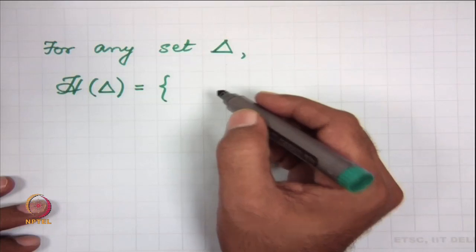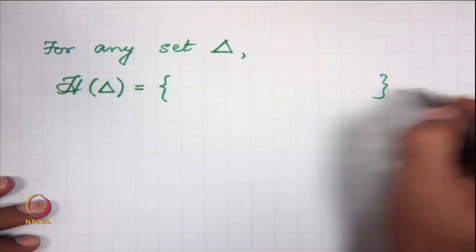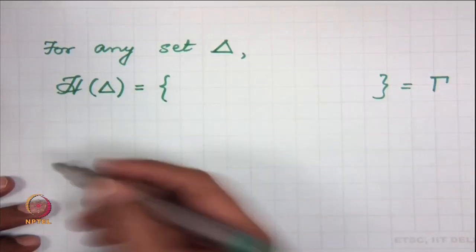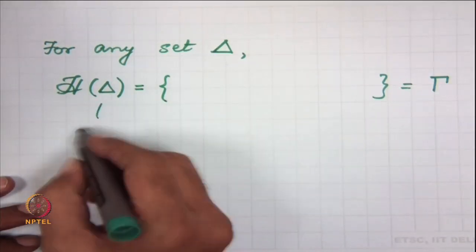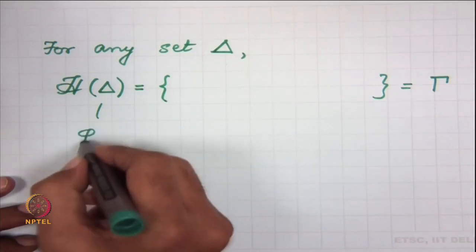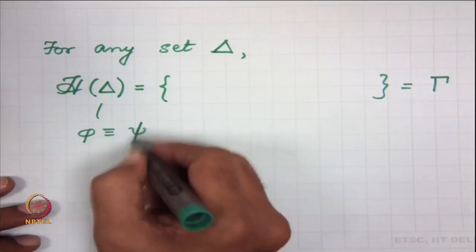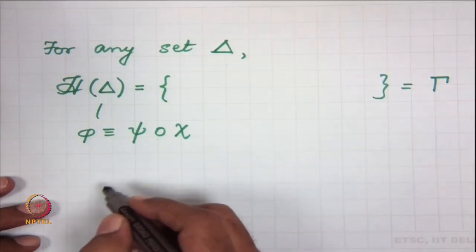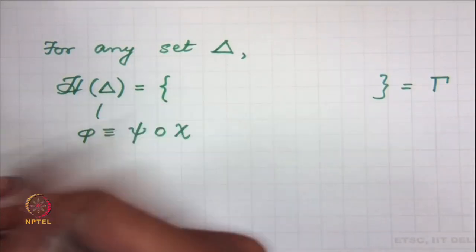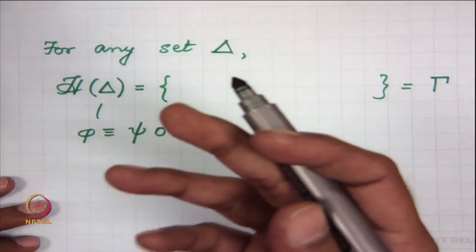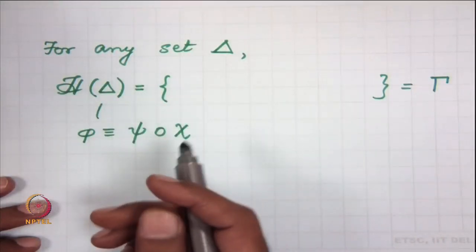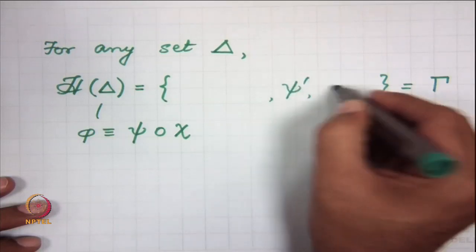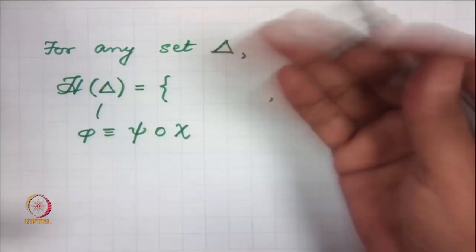So, this is some set gamma such that if delta has a formula of the form phi is psi some operator chi, then depending on whether this operator is additive or multiplicative, the corresponding psi prime and chi prime are also added into the set.